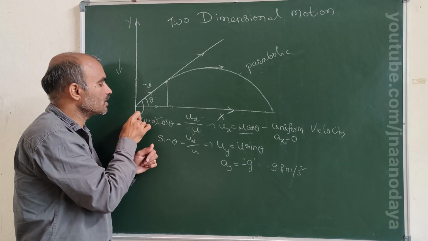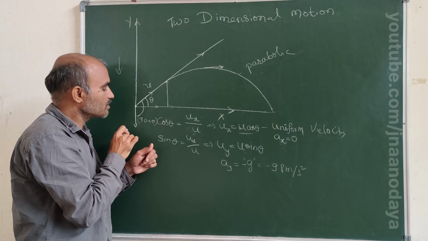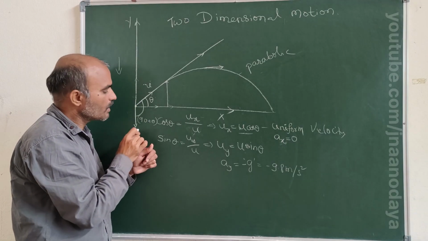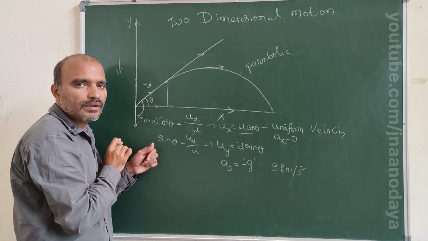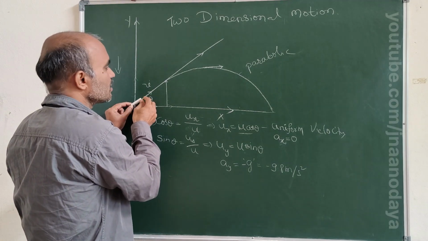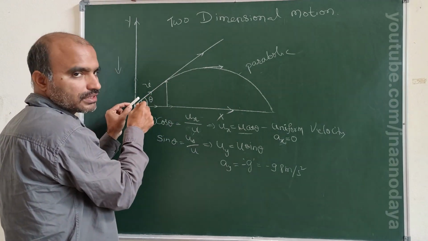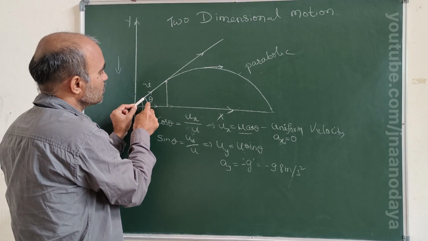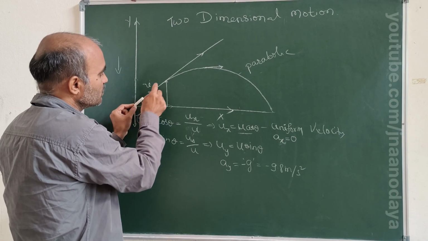So this all comes under Olympiad. So what is the angle made by the acceleration at the point of projection? 90 plus theta. You imagine now, right? Because of the uniformity, you can consider that. So this is making angle theta with the horizontal, the velocity vector.